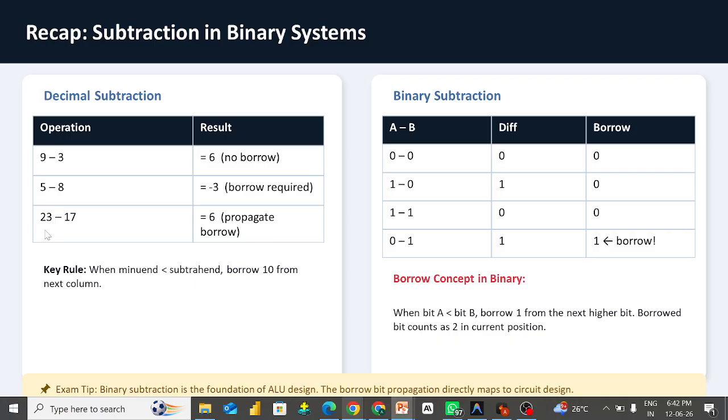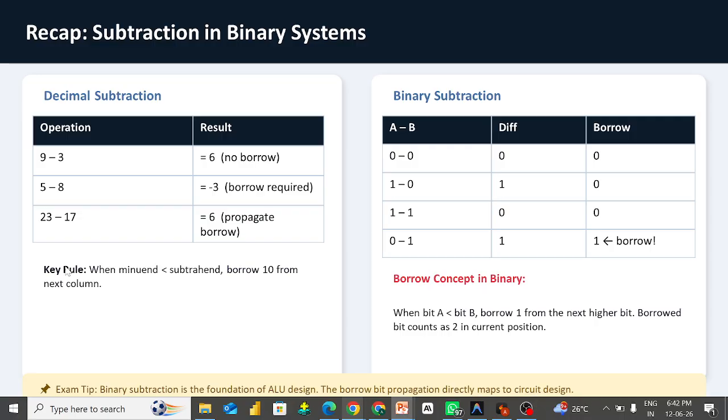Just see here 23 minus 17. How do you subtract using the normal method, like first standard, second standard students do? We write 23 and 17. First we subtract 3 minus 7, so it doesn't happen. So you carry 1 from 2 and it becomes 13. 13 minus 7 becomes 6, right?